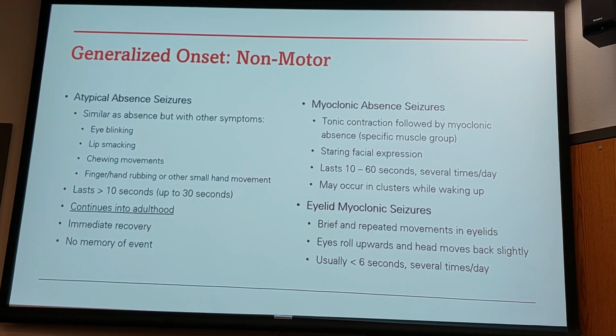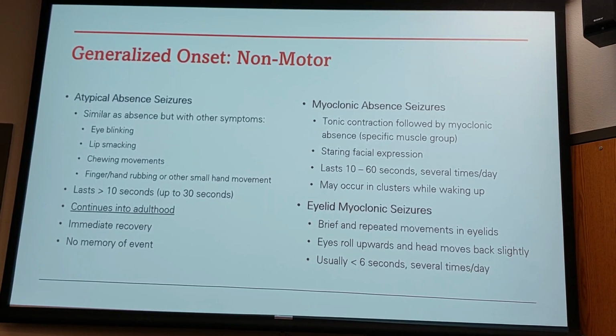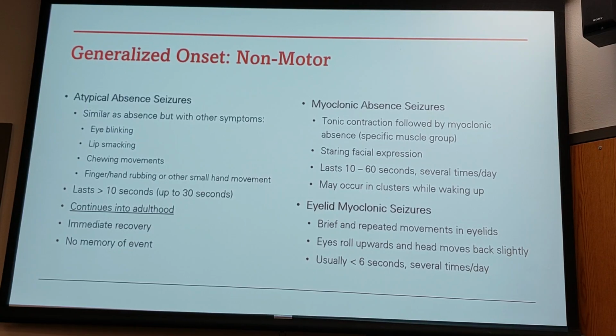So then there's myoclonic absence. So if you understand each individual term and what's going on, you kind of put them together. We've got myoclonic type. So these get difficult because they look very similar. So we're looking at, is it generalized onset? It's just off of the absence type seizure when we throw in the motor component to it, right? So it's primarily the non-motor type with this other piece.